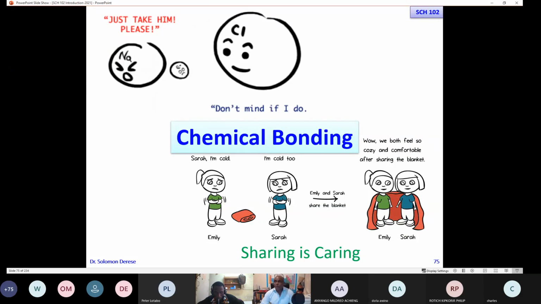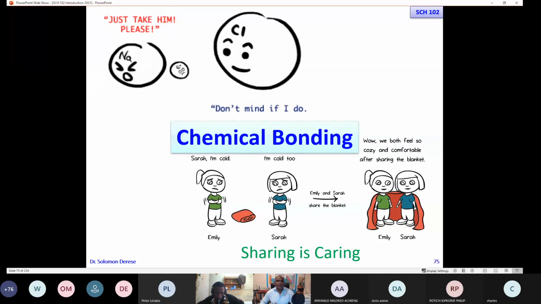But a molecule like methane, CH4, is a covalent compound. So whether we are going to have covalent bonding or ionic bonding between two atoms is going to depend on the nature of the atoms involved in chemical bonding.